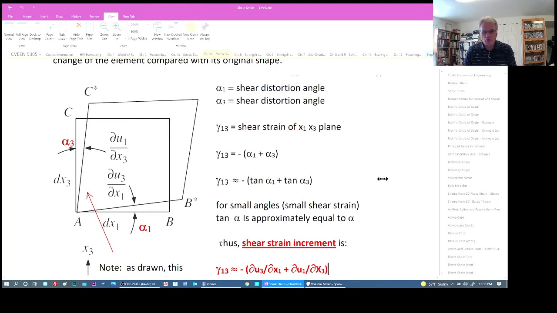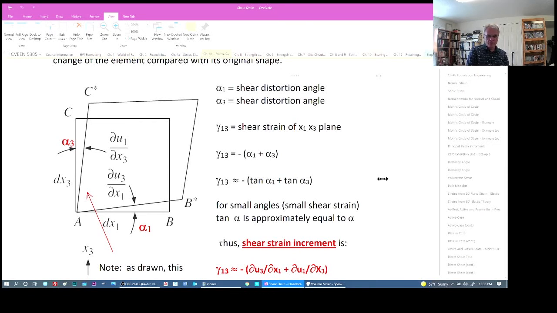We'll define why this is negative in just a minute, but we're going to say that the changes in these angles equal the shear strain. So gamma 1,3, which is the shear strain in the 1,3 plane, is equal to alpha 1 plus alpha 3.